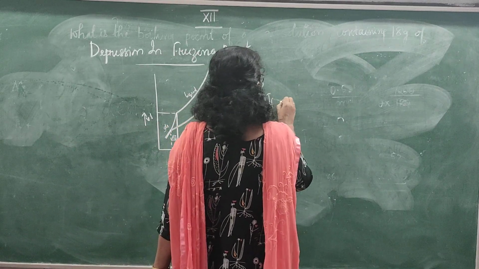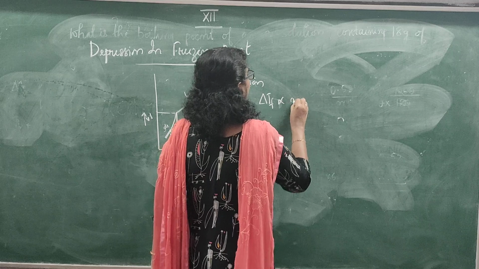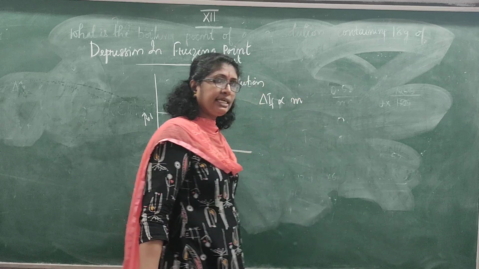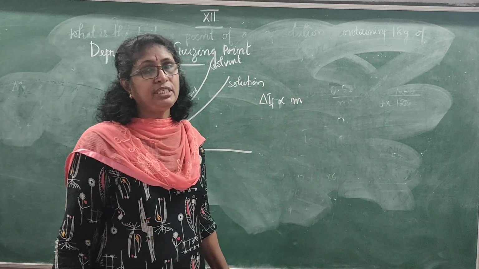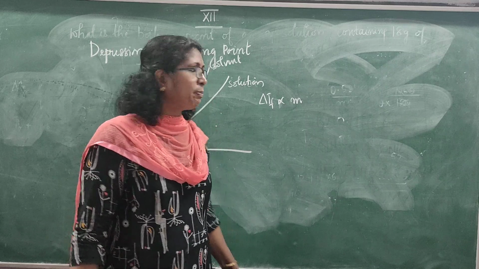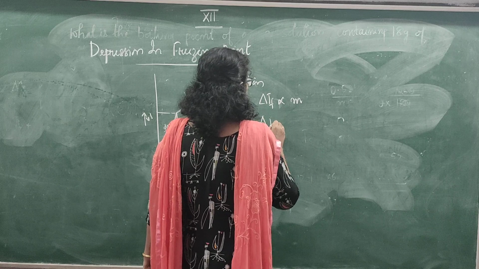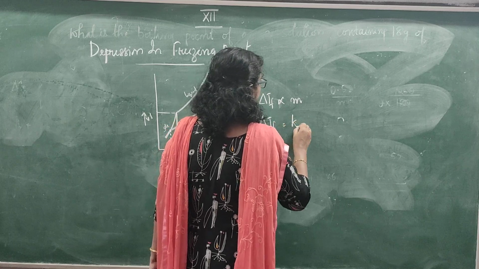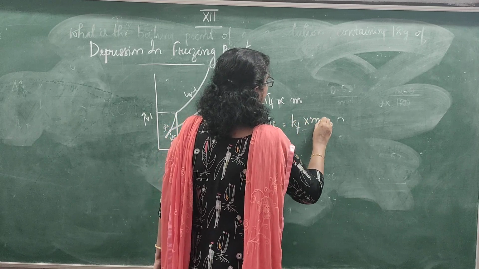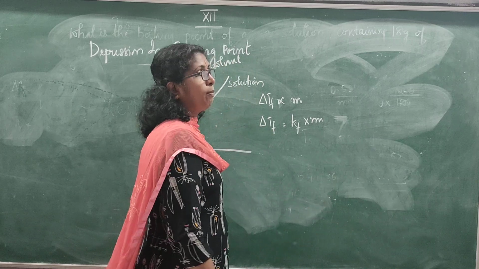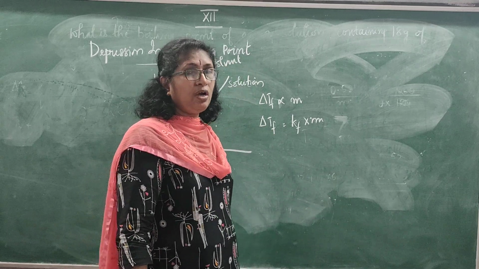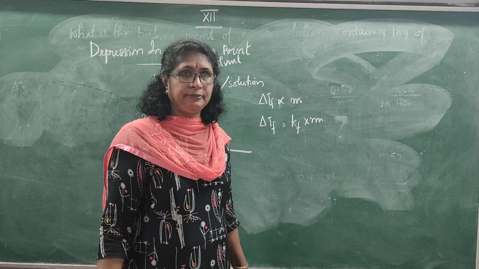So delta Tf is proportional to molality, just as we said for delta Tb. The depression in freezing point also is proportional to the molality, and delta Tf is equal to a constant Kf into molality, and this Kf is called the molal depression constant or cryoscopic constant.